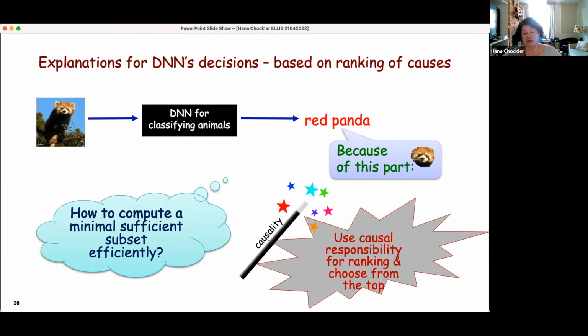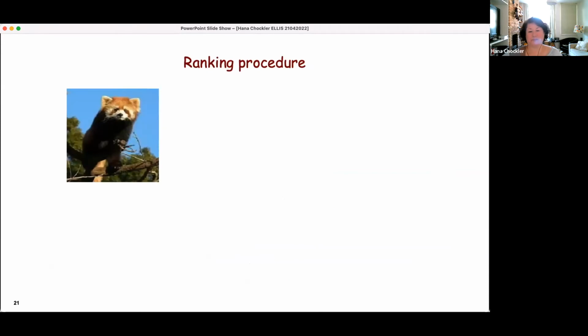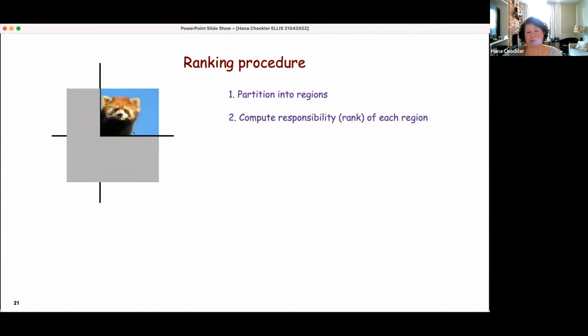And let me just briefly show you how this approximate ranking works. This is the ranking procedure. So first we take the image and partition it into regions. Now we compute responsibility, which is a rank, an approximation, for each region. So each one is an element. We check, okay, let's look at this region.